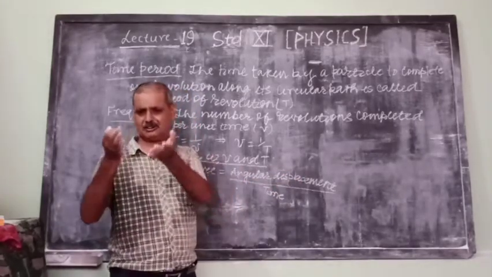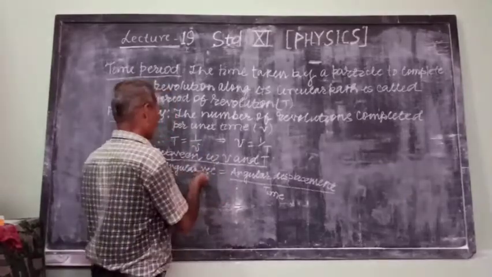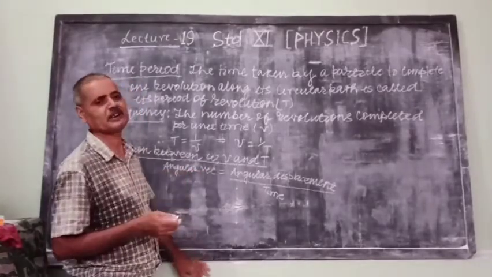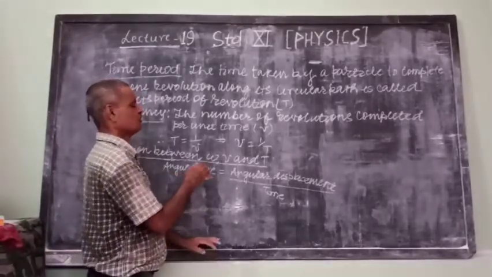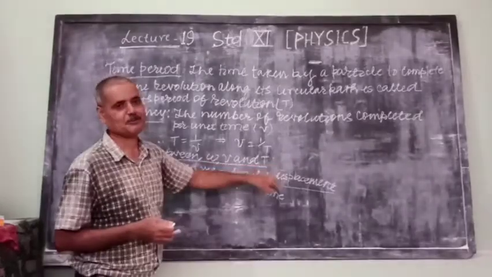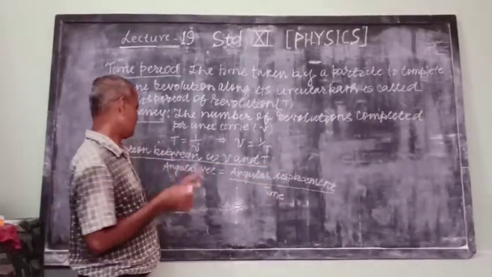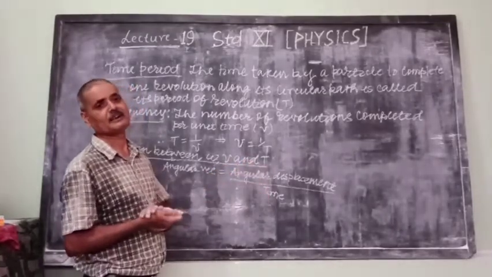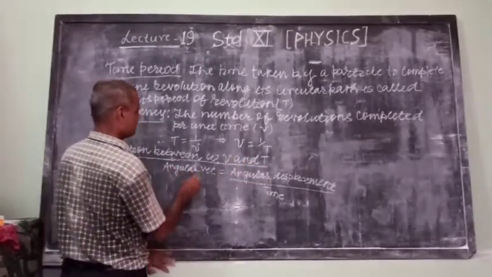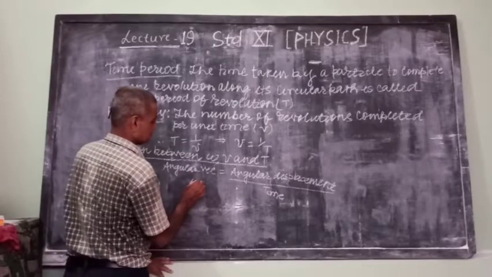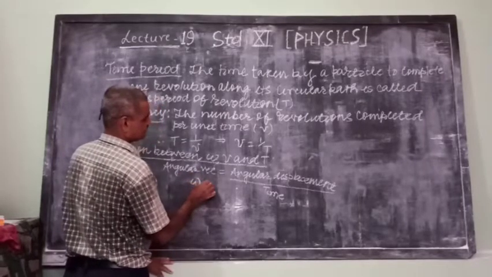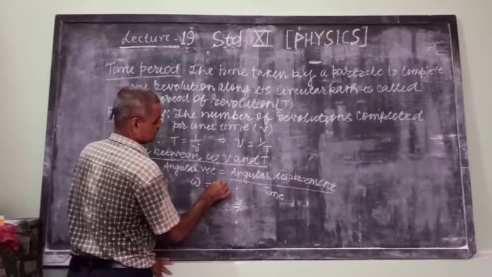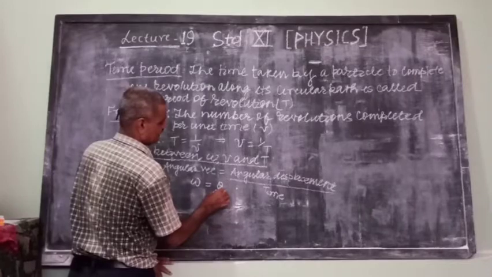Simple velocity is displacement by time, so here, angular velocity is angular displacement by time, denoted by omega. Omega equals angular displacement theta by t.